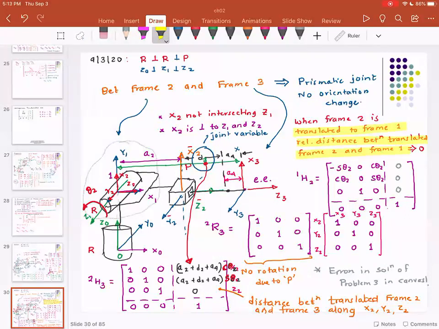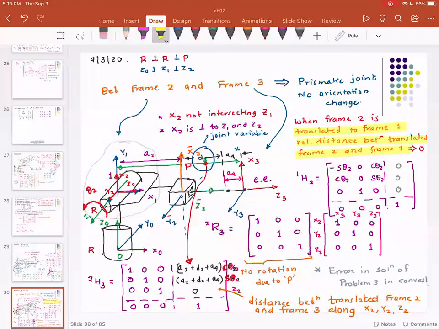Now let's think about it. If you have a revolute joint along with the prismatic joint, just imagine that joint number 2 has rotated by some angle theta 2. Then the prismatic joint also will get rotated.